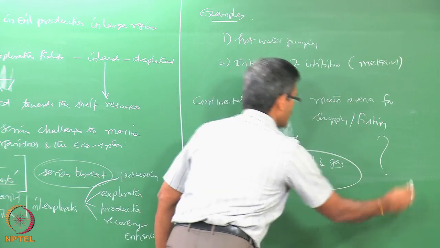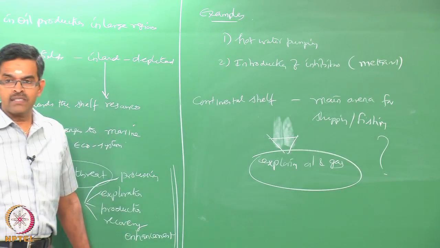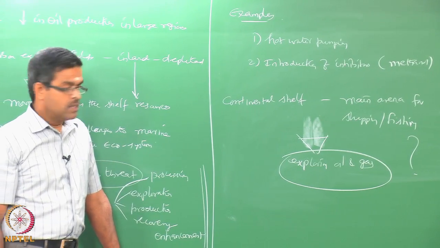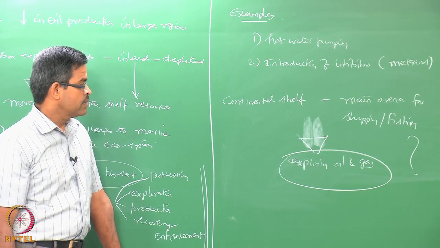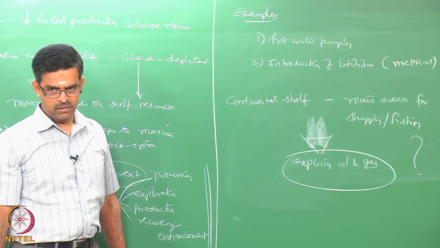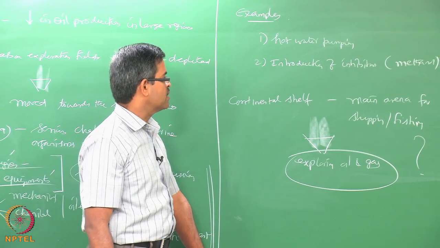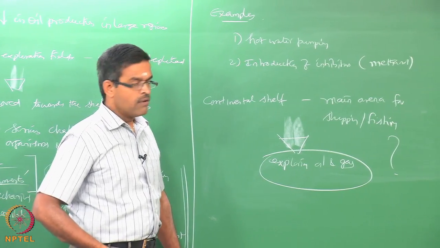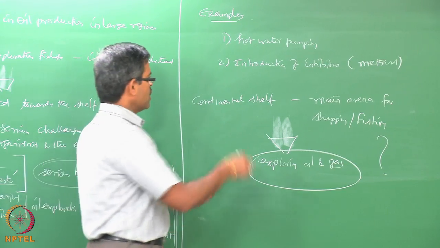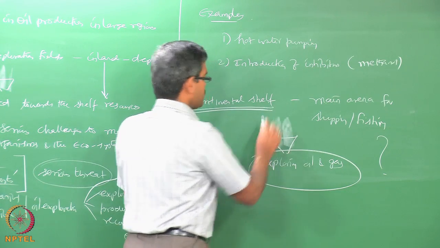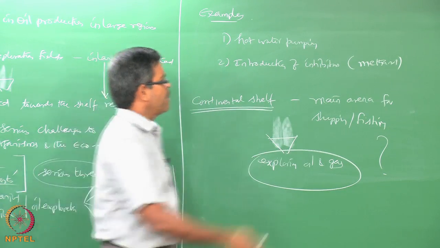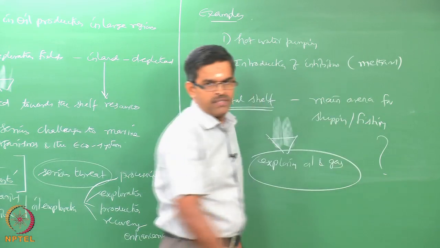This is a very interesting shift which mankind has made in the thirst of meeting the demand for oil and gas, which has moved the exploration essentially from the inland to the continental shelf areas, which predominantly used to be a main arena for shipping and fishing.